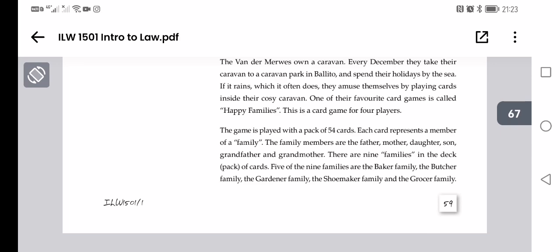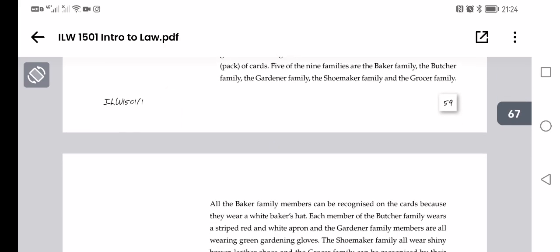There are 9 families in the pack of cards. 5 of the 9 families are the baker family, the butcher family, the gardener family, the shoemaker family, and the grocer family.